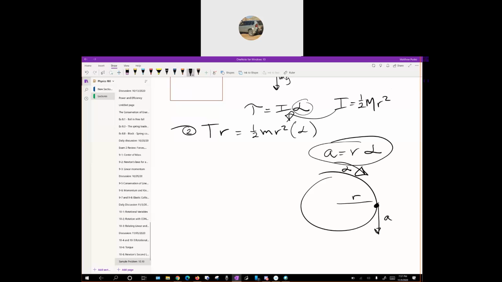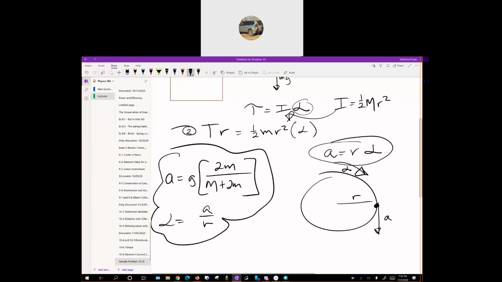And using that in these two equations, we can figure out that the acceleration is equal to the acceleration of gravity times 2m over m plus 2m. And if you wanted to know what alpha is, alpha is equal to the acceleration over r. So take that whole thing and put it over r.